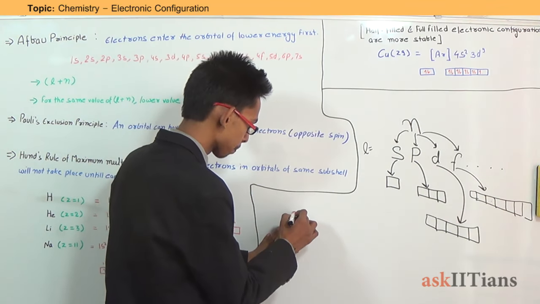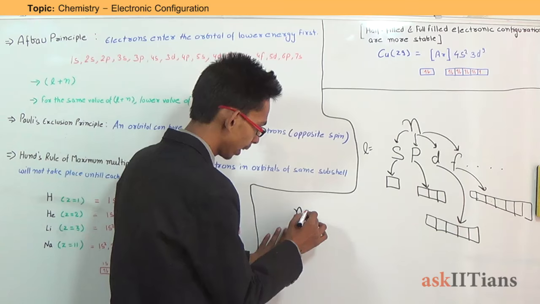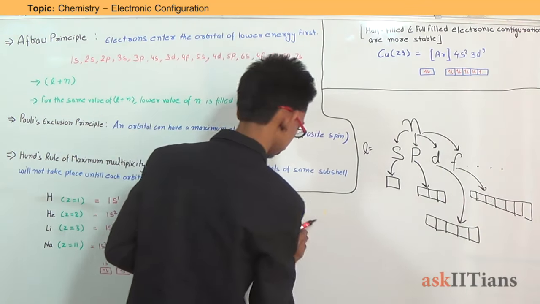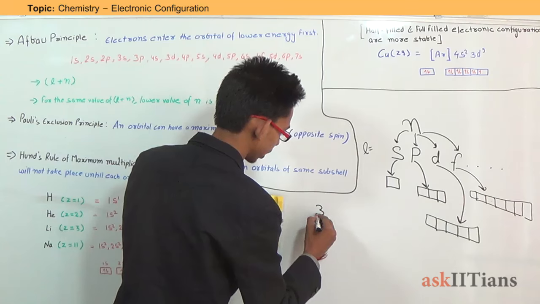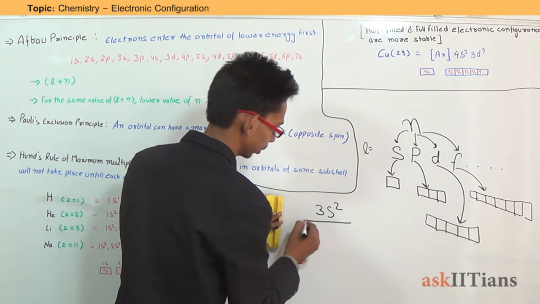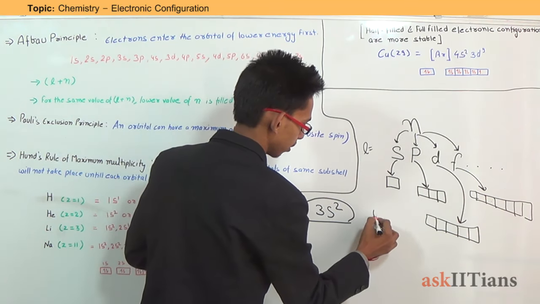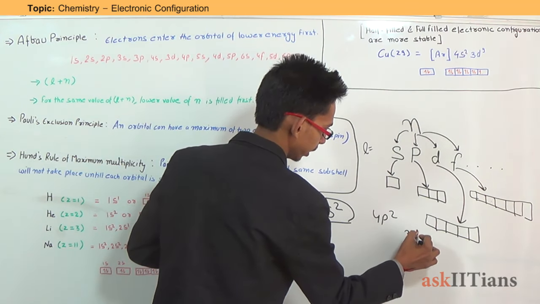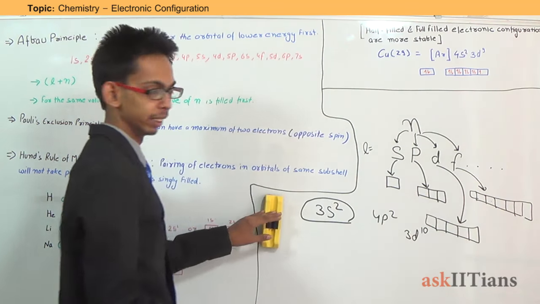So first of all, how to write electronic configuration? If you have seen, electronic configuration is represented in this way, say 3s2 or 4p2 or 3d10. Now what are these?